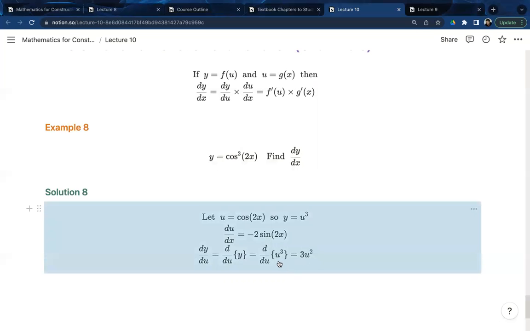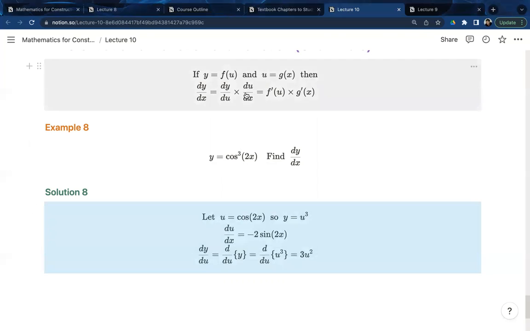If you differentiate u cubed with respect to u, it is the same as differentiating x cubed with respect to x. The variable you're using is not really important. It's the differential with respect to that variable. So I get 3u squared.